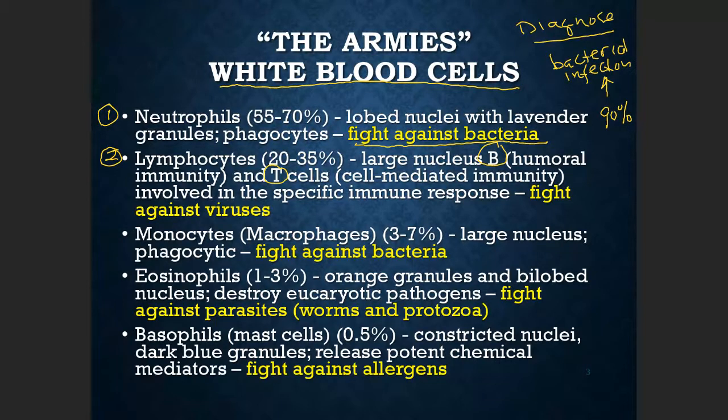Now, if we take a sample and the lymphocyte ratio increases, let's say to 50%, then it is an indication that there is a viral infection, because lymphocytes fight against viruses. So an increased number of lymphocytes gives us an indication of a viral infection.